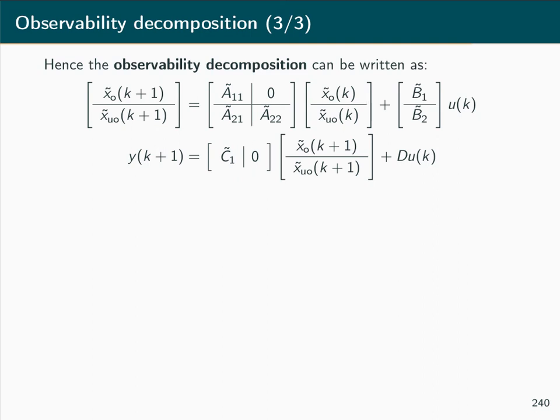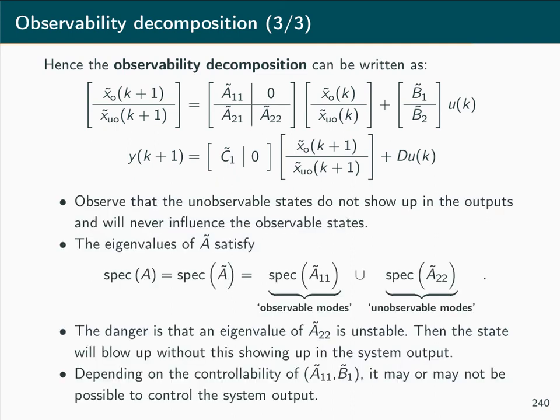The transformed state space model has the same input-output behavior as the original model, and the transformed state x tilde satisfies the usual relationship with the original state x, namely x tilde is equal to T inverse times x. From this state space model, you can observe that the unobservable states never show up in the outputs, and they will never influence the observable states.